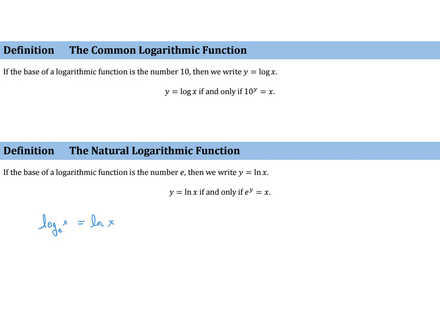So ln is Latin, and that is why the L is first. It stands for Logarithmus Naturalis. So in Latin-based languages, you will typically see the adjective after the noun. So Logarithmus Naturalis is modifying the logarithm.